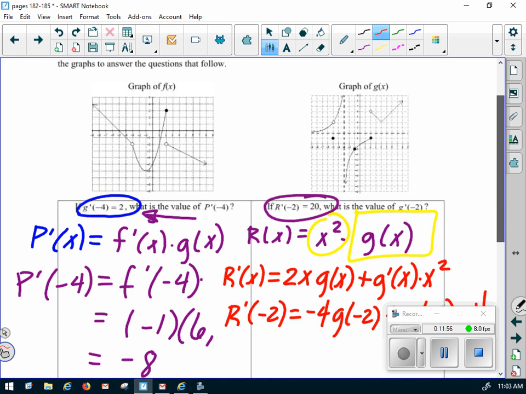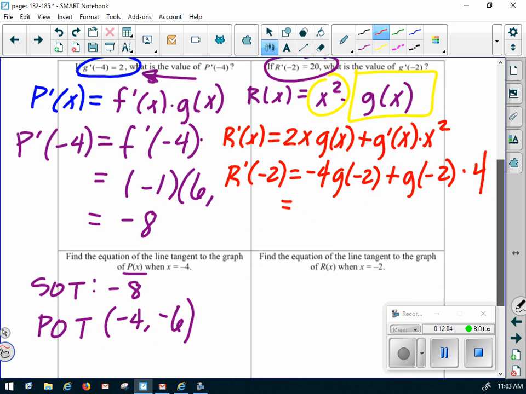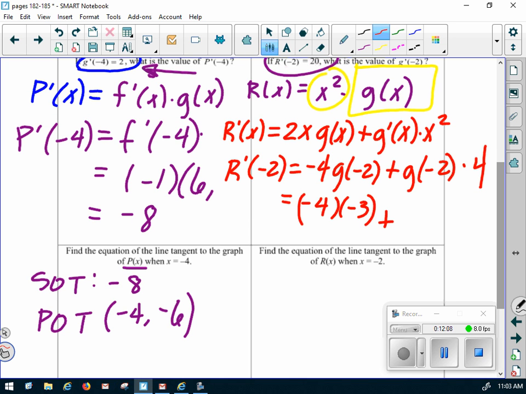G of negative 2, I can't see, help me. What's g of negative 2? Negative 3. So this is negative 4 times negative 3 plus, I wrote something, that's g prime of negative 2.